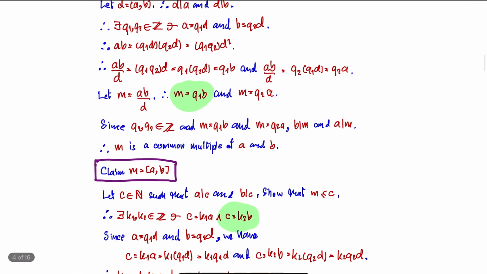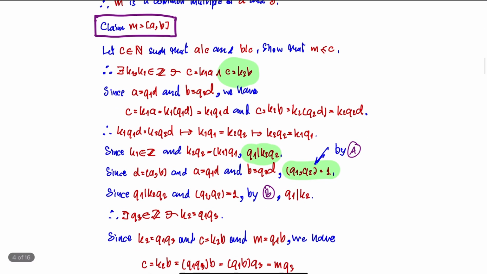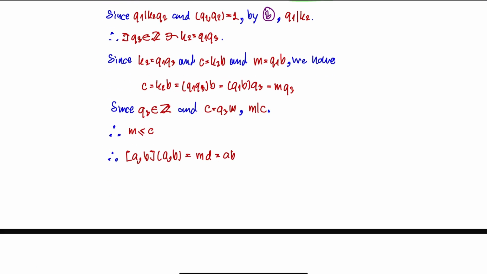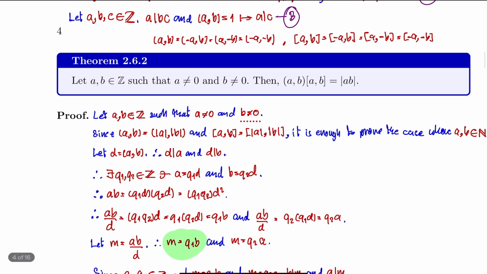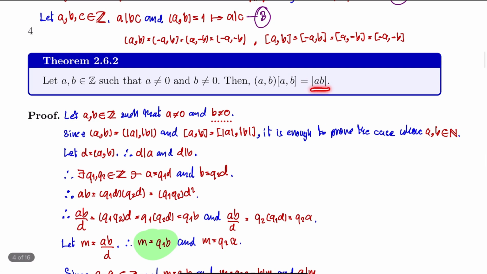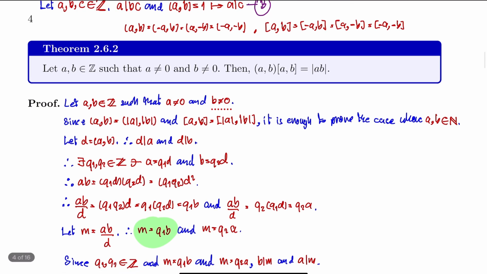And our M times D is A times B. So we have shown that the greatest common divisor of A and B times the least common multiple of A and B equals A times B in the case where A and B are positive integers. And it is enough to show that this product is the absolute value of A times B. That's it for this video.